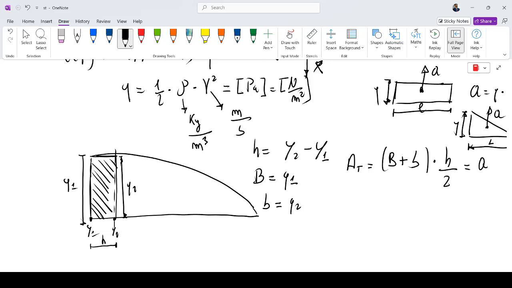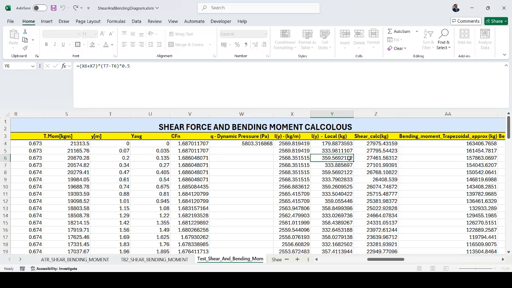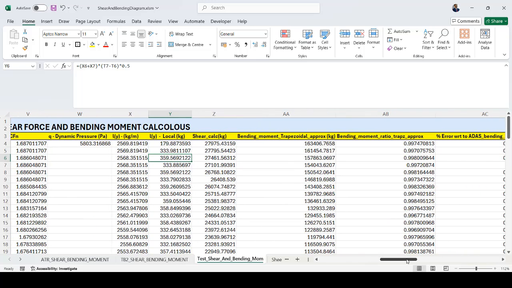If I divide this distribution in many trapezoids with a certain delta y, that is the step, I can obtain this, and I can plot this in function of y, but that isn't our scope in this case.